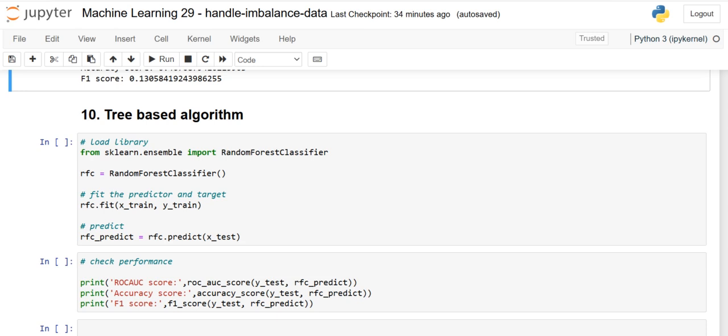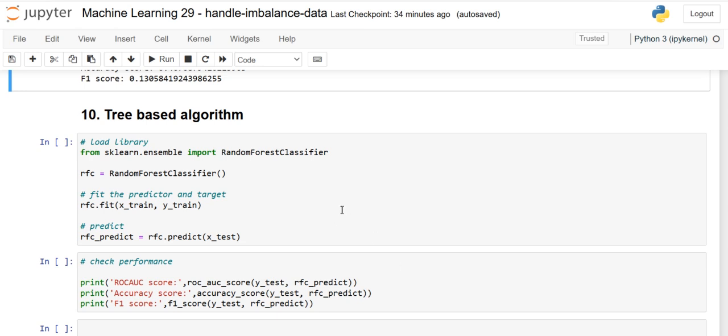A decision tree frequently performs well on imbalanced data. In modern machine learning, tree ensembles like random forest or gradient boosted trees almost always outperform a singular decision tree. So we will jump into the random forest classifier.